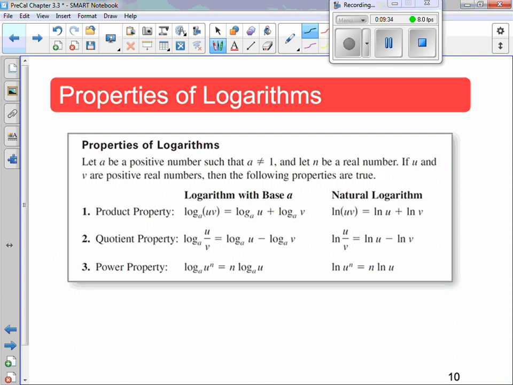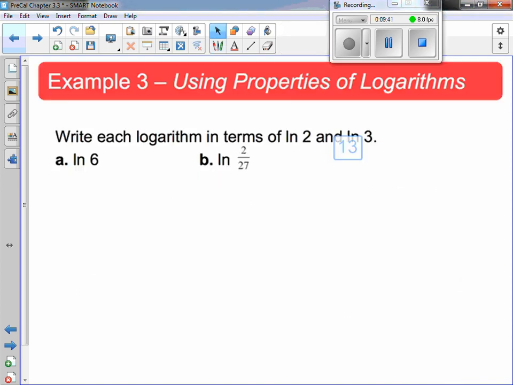Now, this seems kind of odd. Why would we do this? The reason we would do a lot of these here is if we're trying to simplify. Now, ln isn't going to be too helpful, but this here is working on us being able to do that because we want to rewrite this in terms of 2 and 3, ln of 2 and ln of 3.